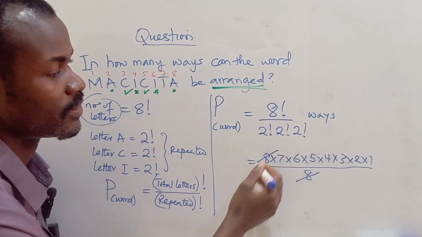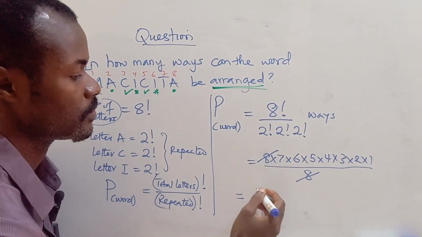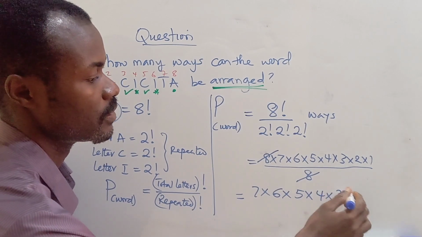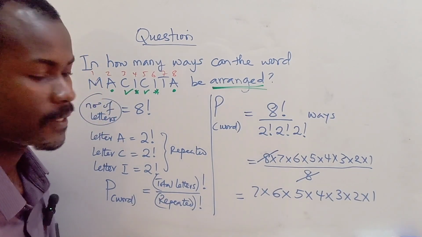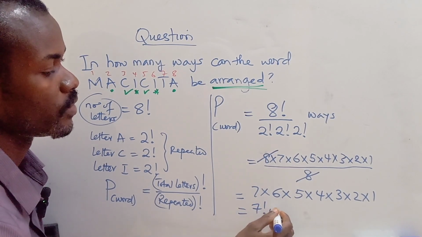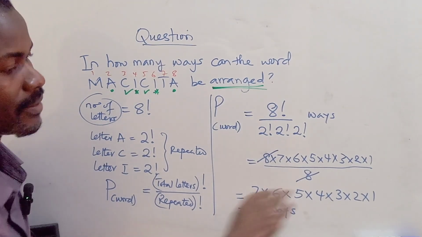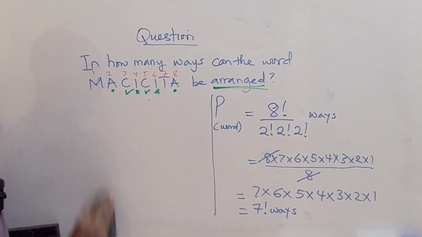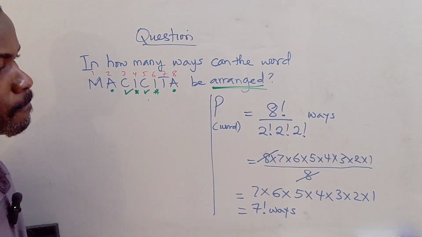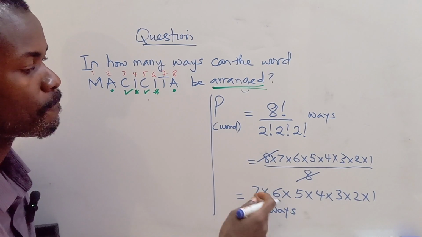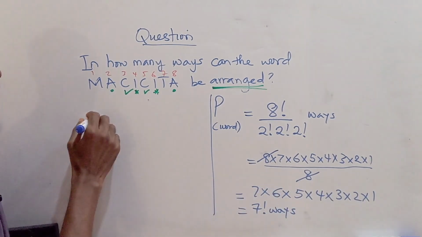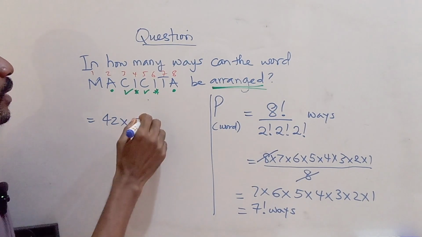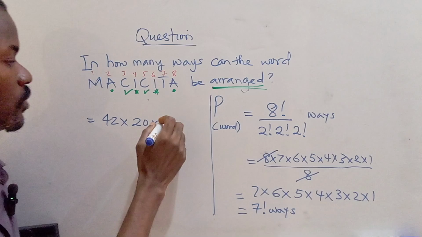Now this can cancel out this. So we are left with 7 times 6 times 5 times 4 times 3 times 2 times 1, which is also 7 factorial ways. But let's solve this out to see what the answer will give us. 7 times 6 is 42, times 5 times 4 is 20, times 3 times 2 is 6.